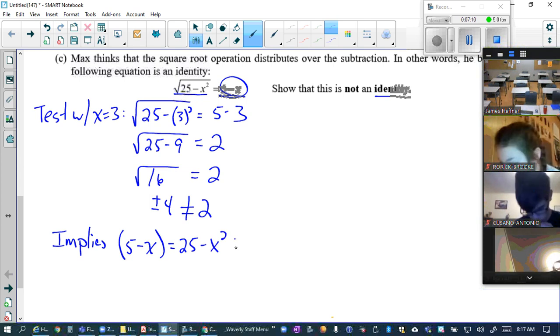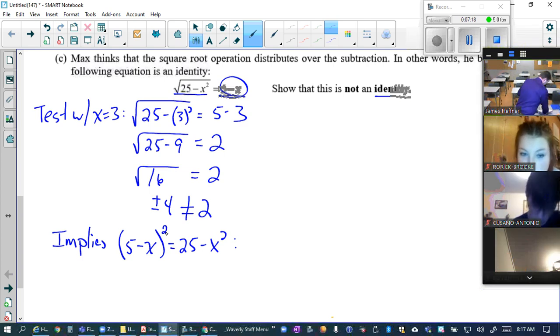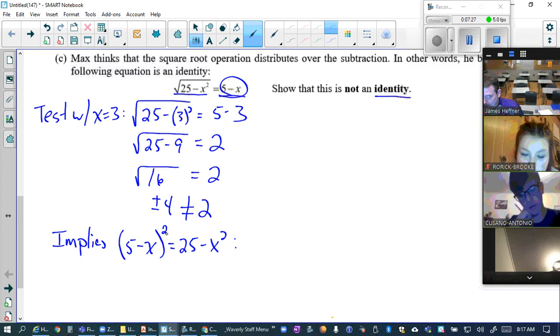Well, let's do that. What does that mean to square something? I should put a square there, sorry. To square something means to do what to it? Just multiply it by itself, right?